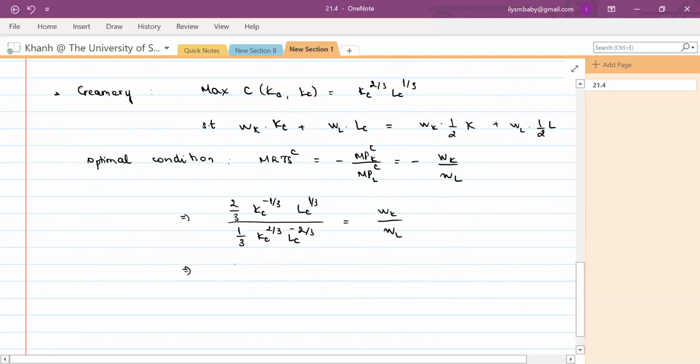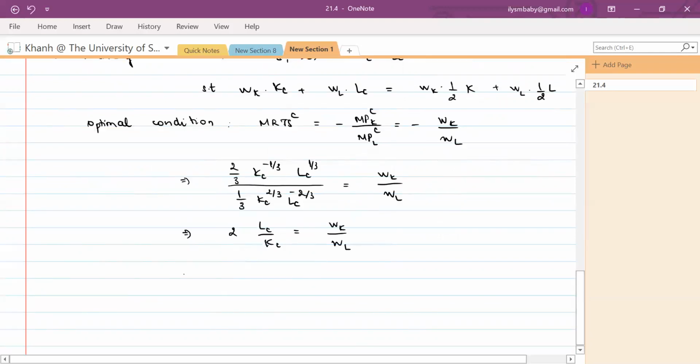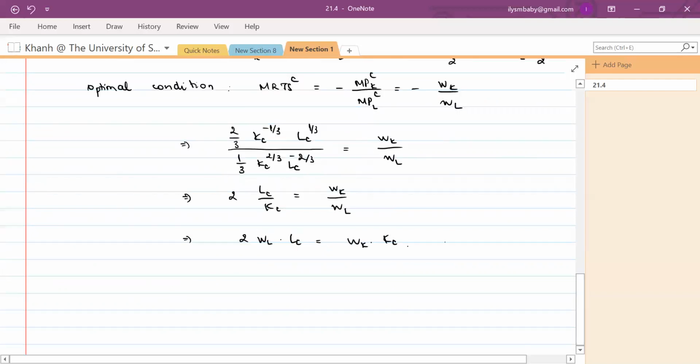So 2/3 divided by 1/3 is 2. And I got LC on KC equal to WK on WL. So therefore, doing cross multiplication, I'll get 2 WL LC equal to WK KC. Okay, so call this the second equation.